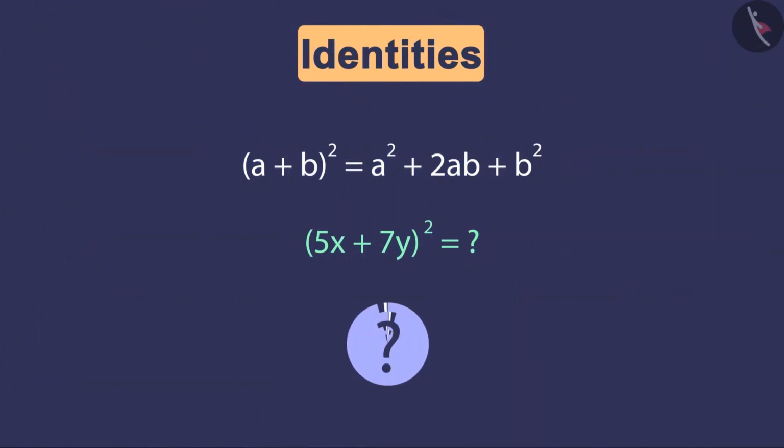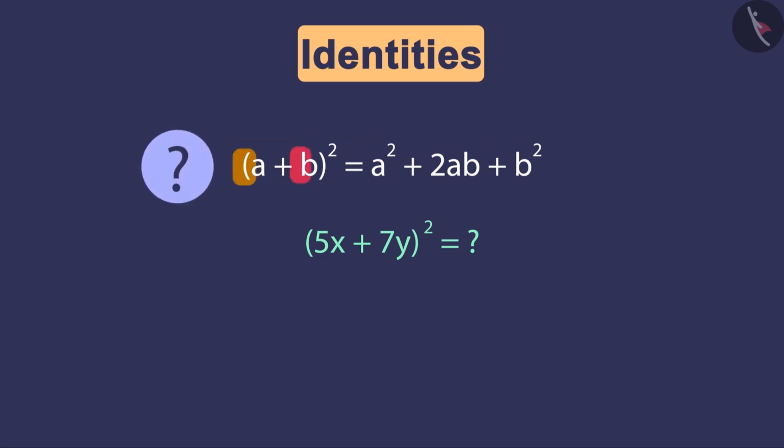Can you guess the square of this expression? Like in the previous example, this identity will help us in solving this problem too. But what shall we write in the place of A and B? Here we will consider A as 5x and B as 7y.